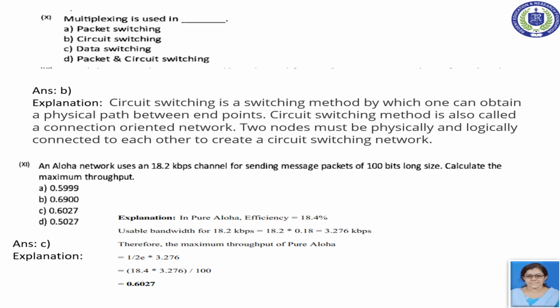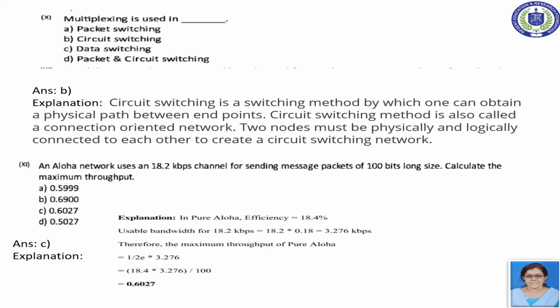You know that in the pure Aloha system, the efficiency is 18.4%. To find the bandwidth, you multiply 18.2 by 0.18, where 18.2 kbps is the channel used for sending the data packet. So the value is 3.276 kbps. This is the bandwidth for the pure Aloha.